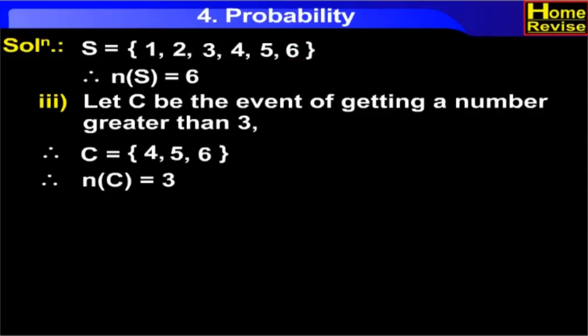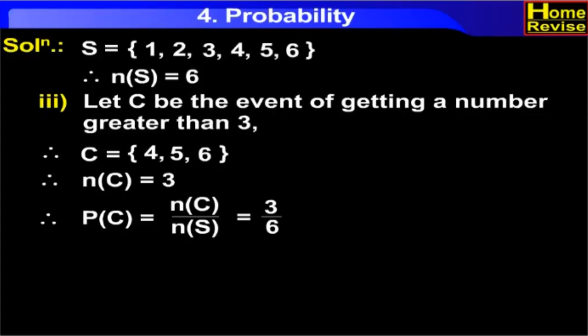Therefore, n(C) is equal to 3. Therefore, probability of C is equal to n(C) upon n(S) is equal to 3 upon 6. 3 ones are 3, 3 twos are 6. Therefore, probability of C is equal to 1 upon 2.